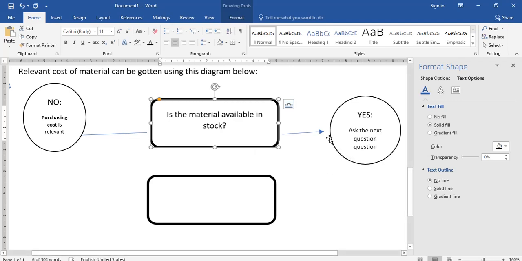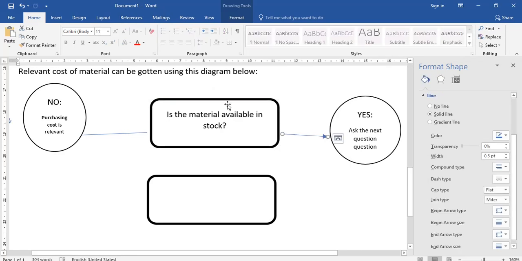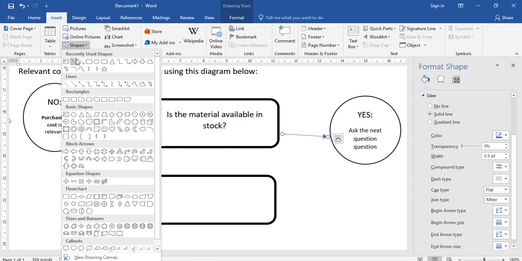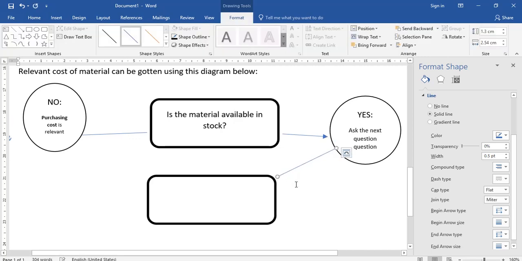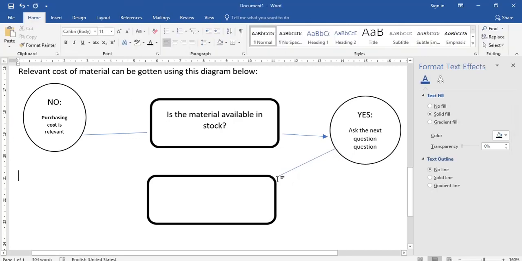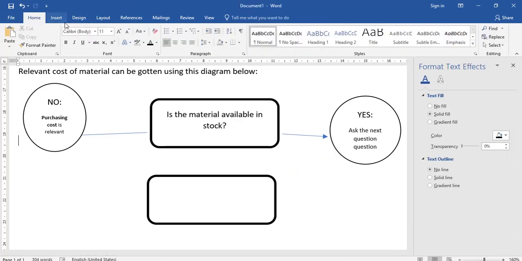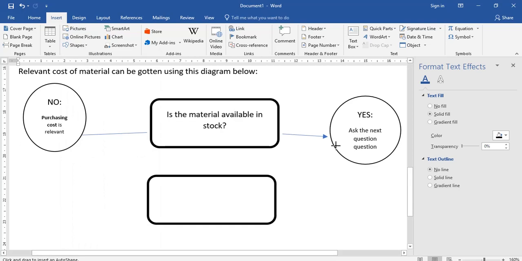So now we are asking the next question. This one will take us to asking the next question. Sorry, I should have used an arrow.